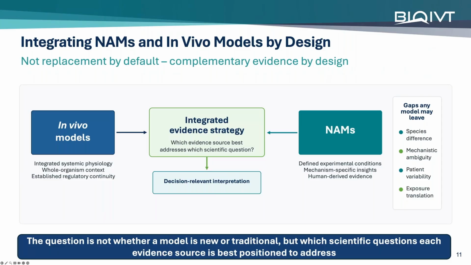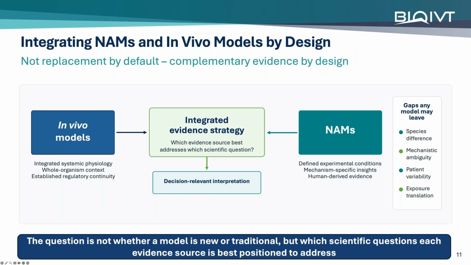If an in vivo study identifies a biological effect, but the mechanism is unclear, a more defined NAM may help separate the underlying process. Conversely, if a NAM identifies a mechanism under tightly controlled conditions, an in vivo study may provide information about whether that mechanism remains important within integrated physiology and realistic exposure.